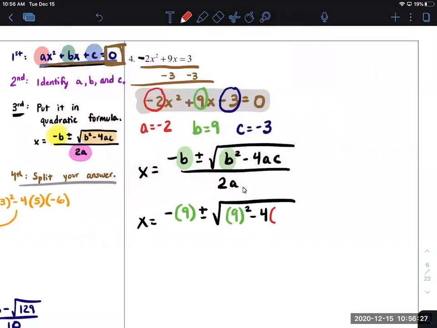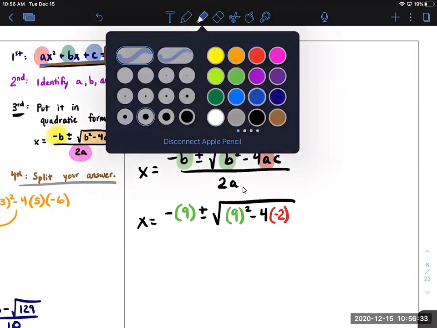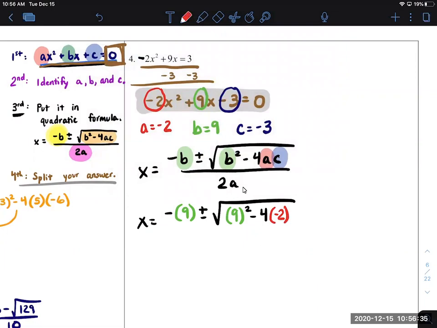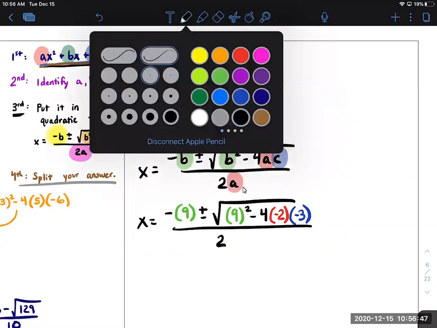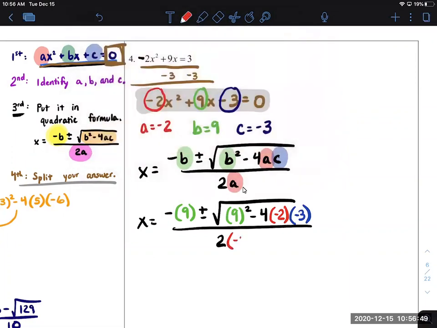Our a is -2. That's here in the formula. Then we have our c, which is there. C was -3, divided by 2 times A. A is -2. So all I did was substitute in A, B, and C.